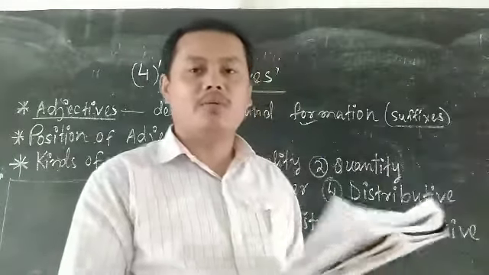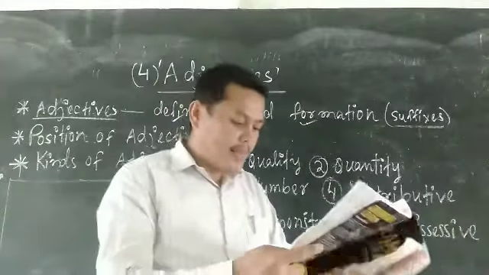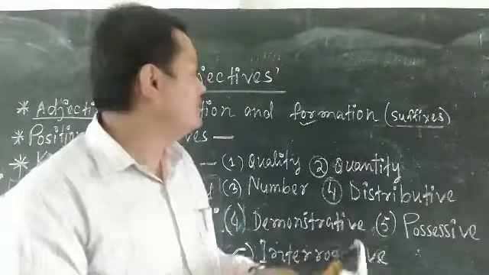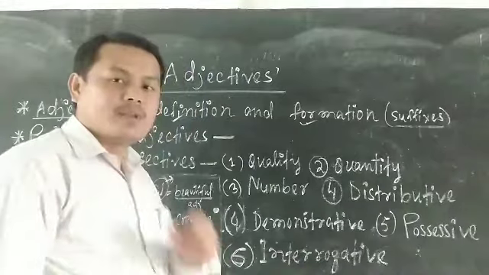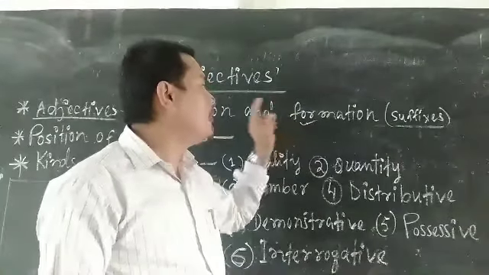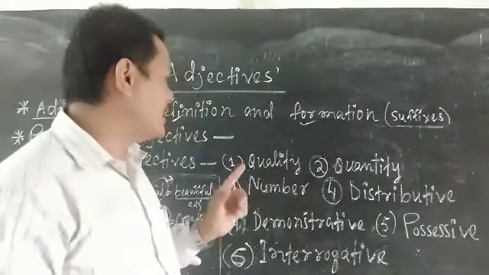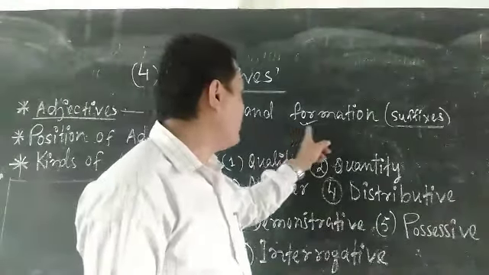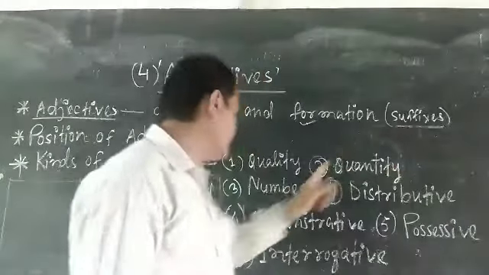A good number of adjectives are given there, and suffixes are highlighted in black color. So my dear students, the important thing is to know the rules of forming adjectives. So just remember, adjectives are formed by adding suffixes this way.